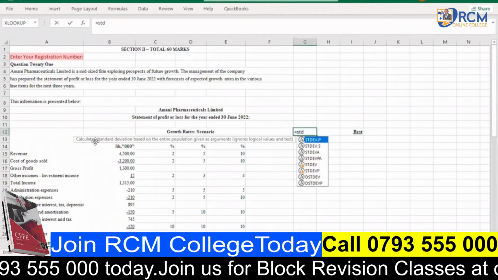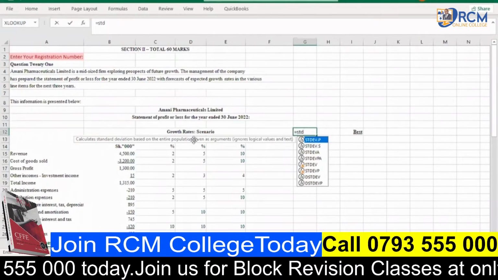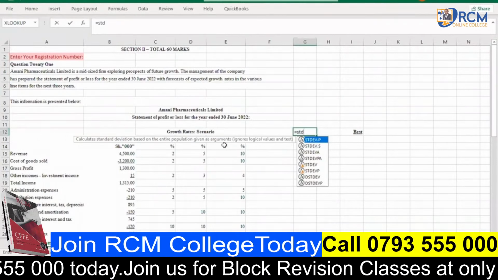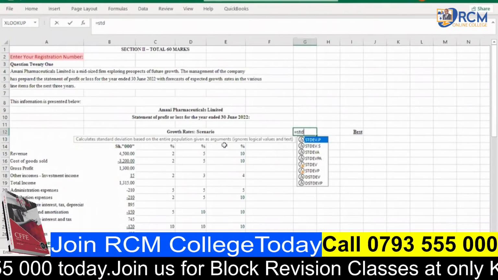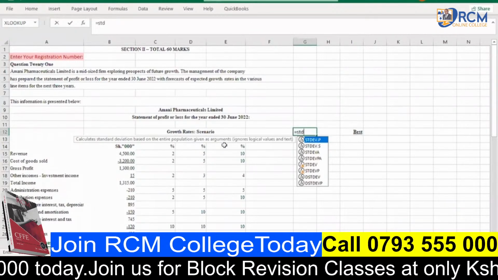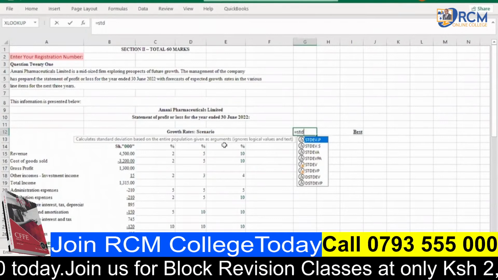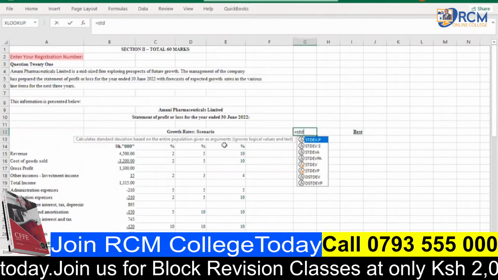Calculate standard deviation based on the entire population given as arguments. So standard deviation P will help us to calculate standard deviation based on the entire population.